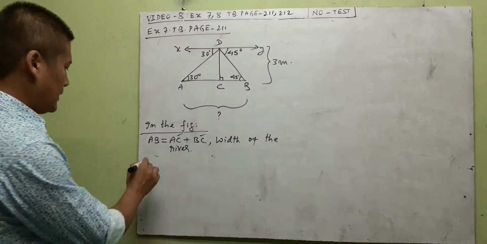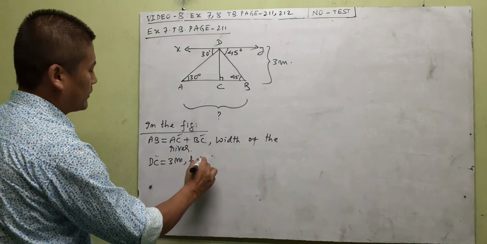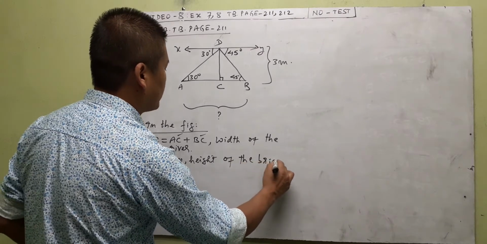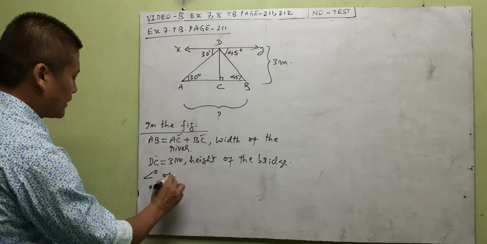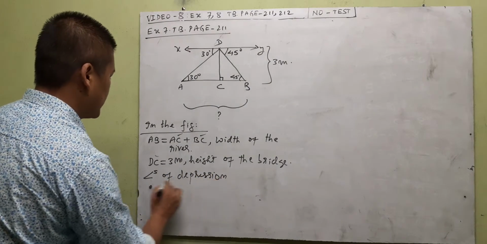Next here, DC, the given value 3 meters, is the height of the bridge above the river. Then the angles of depression, we will mention the angles of depression. So the angles of depression here, there are two of them.